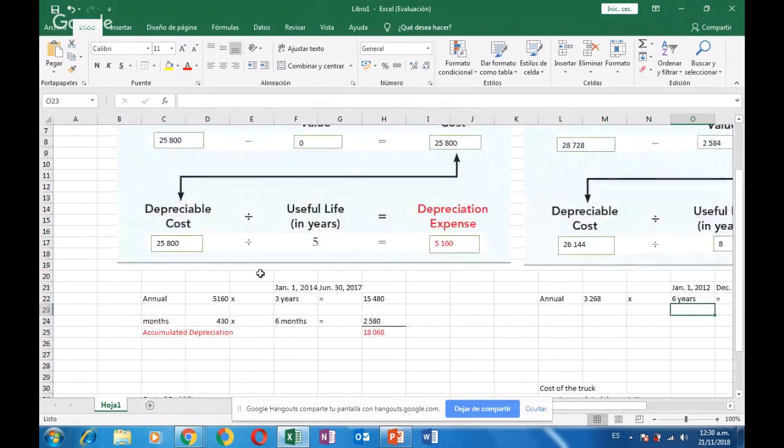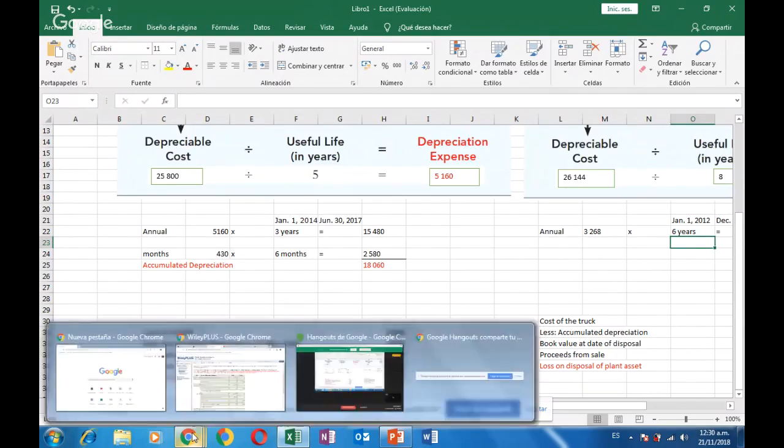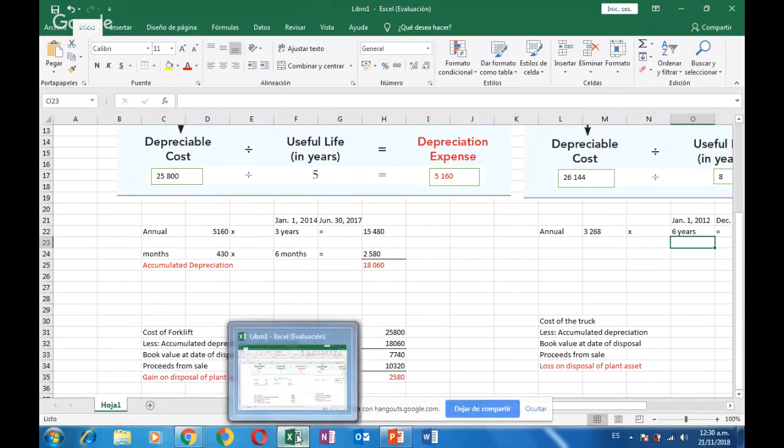So we find the annual depreciation during 3 years and 6 months, and finally it gives us 18,060, and we will debit.